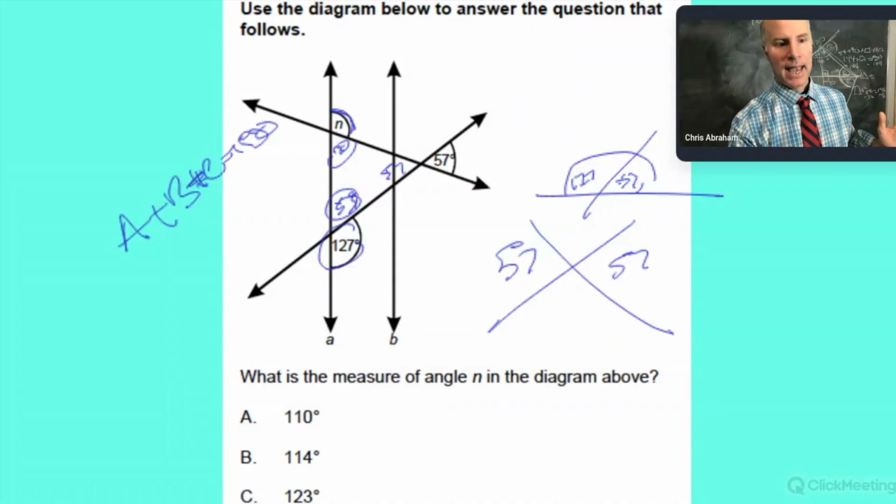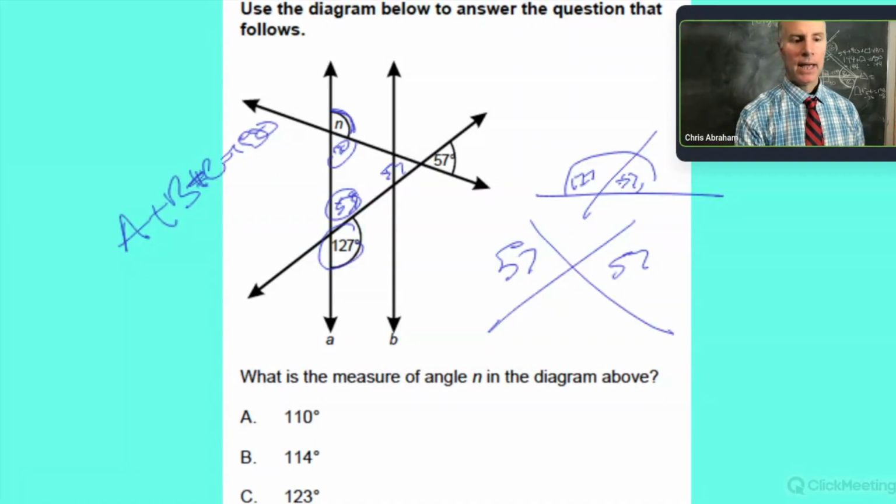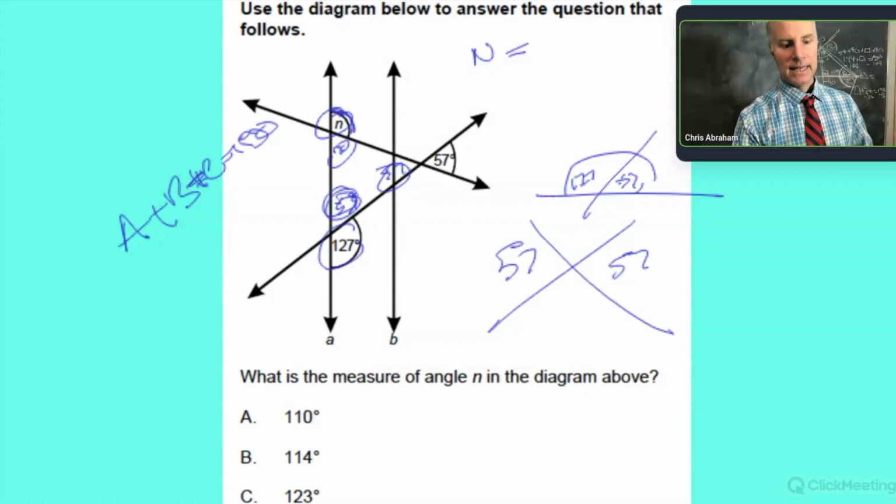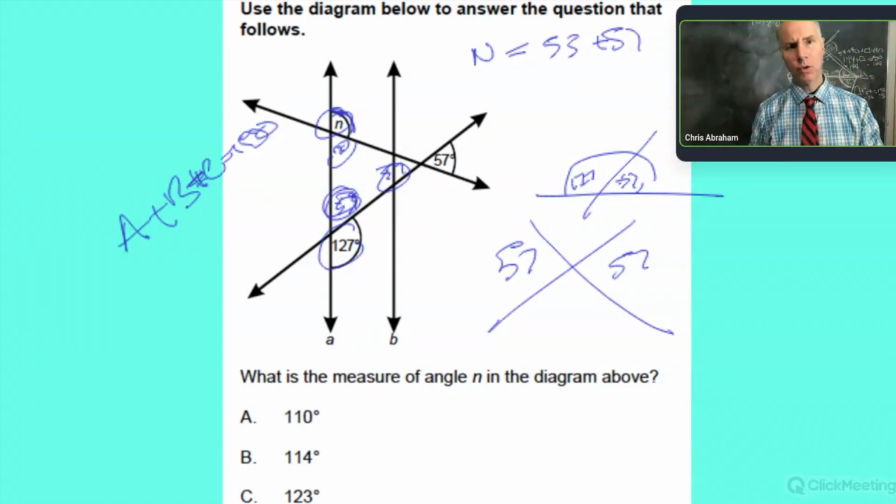We have an angle here, N, and this N is going to be equal to the sum of the non-adjacent interior angles. So we have that rule here that says N, our exterior angle, is equal to the sum of the non-adjacent angles. That would be 53 plus 57. Lots of cool math going on in this problem, okay?